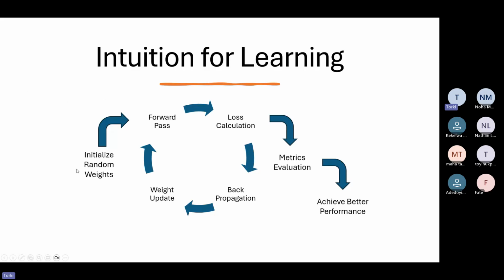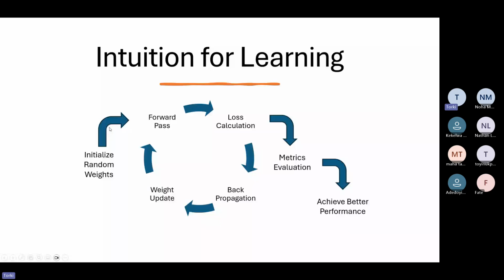You first start with an initial random model that is very bad. Just give the model random weights, random initialization. And you do the loop this way. You apply the model that you initialized on the training data.